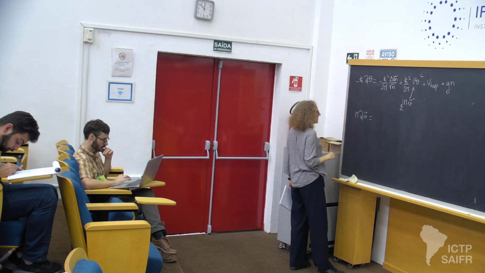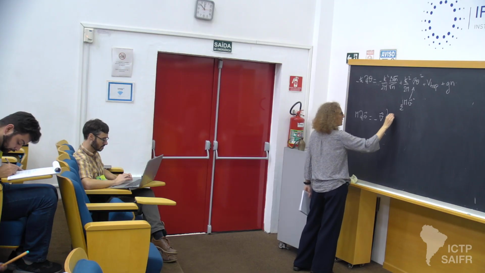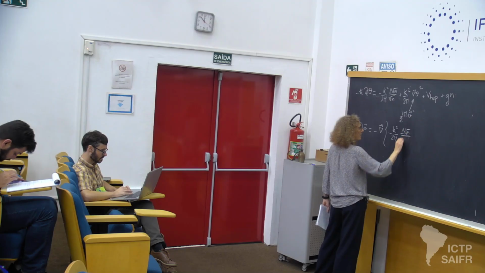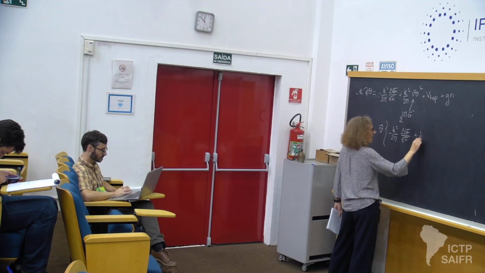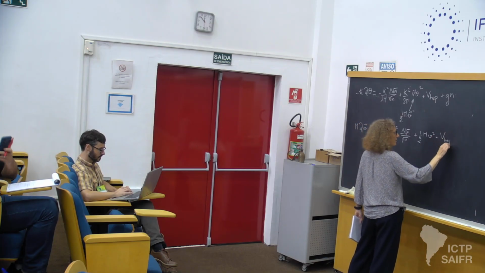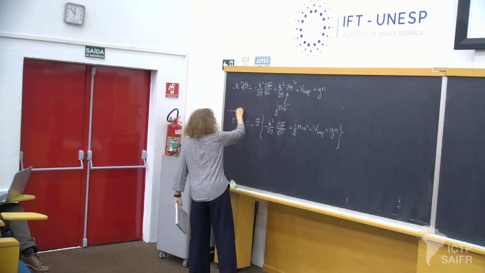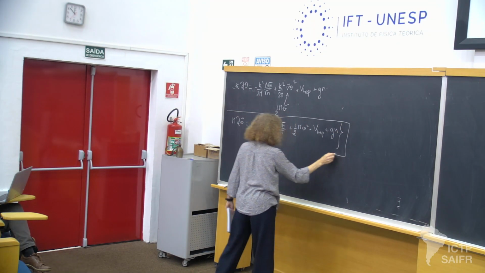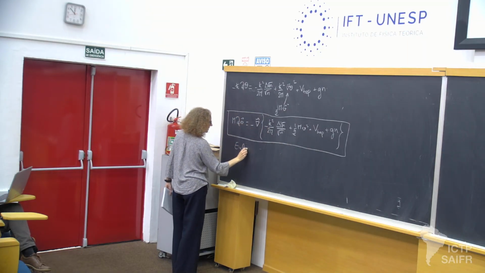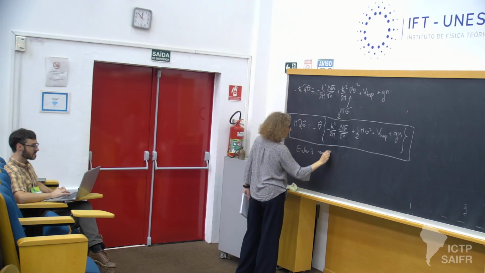I will put the minus sign on the other side: it is minus the gradient of all the right-hand side, minus h bar squared over 2m Laplacian of square root of n divided by square root of n, plus 1/2 of mv squared, plus V trap, plus gn. And this is the second hydrodynamic equation, the equivalent of the Euler equation for the fluid.